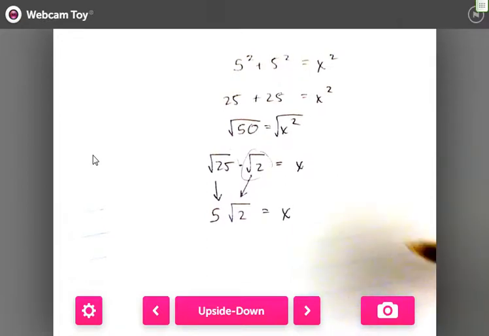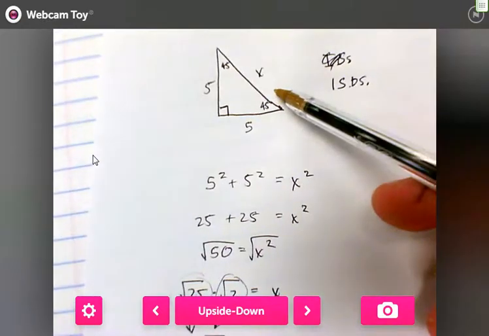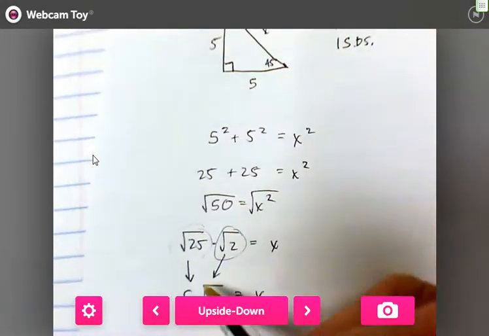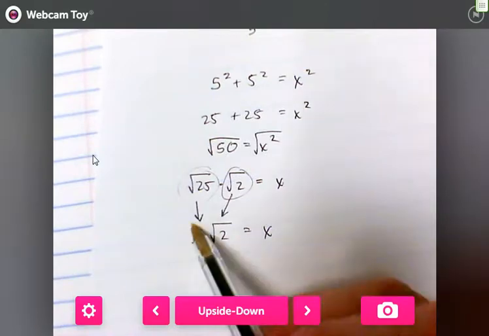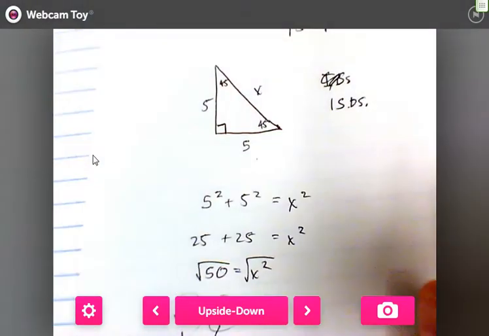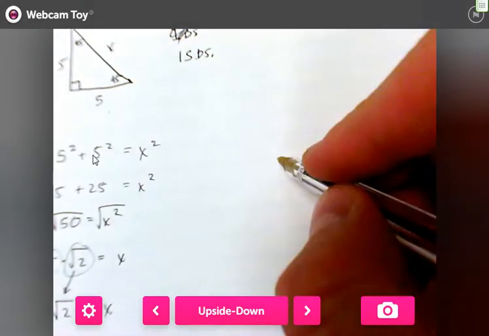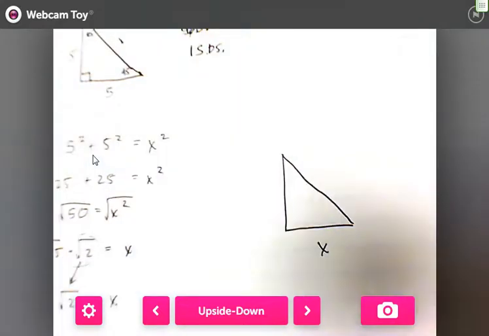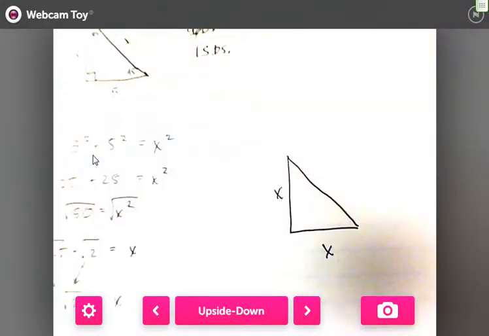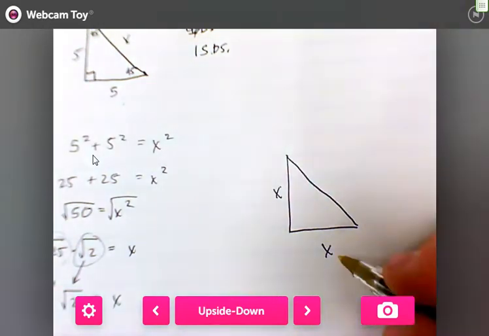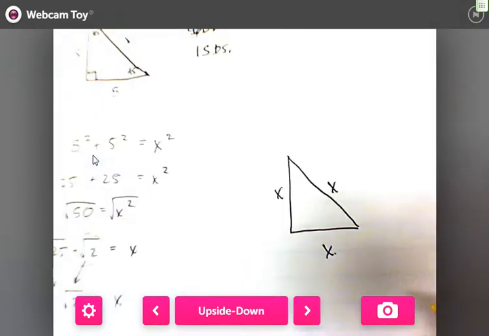Now, the good thing about 45, 45, 90 right triangles is that this trick right here, this 5 root 2, the leg times root 2, works every time. Okay, so for any 45, 45, 90 triangle, if this is x, this would also be x, and the length of the hypotenuse would be the leg, x, times the square root of 2.